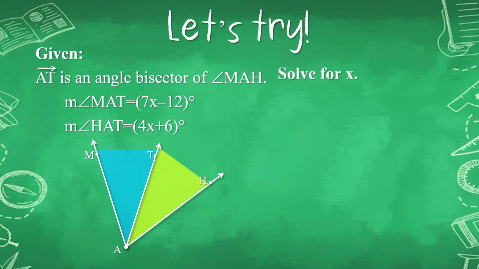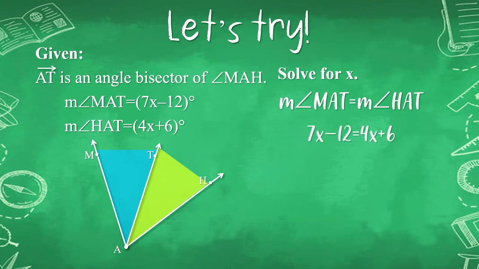Using ray AT as the angle bisector of angle MAH, it forms two congruent angles that will create an equation: 7x minus 12 is equal to 4x plus 6 from the measures of the respective angles.